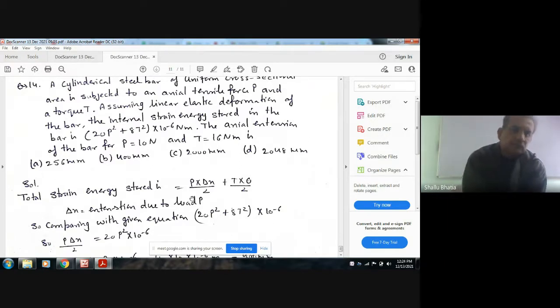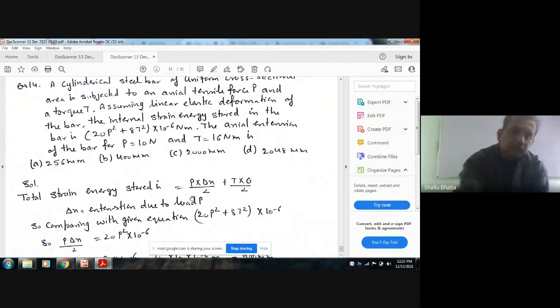The axial extension of the bar for P equal to 10 Newton and T equal to 60 Newton meter is: option A 256 micrometer, option B 400 micrometer, C 2000 micrometer, D 2048 micrometer.